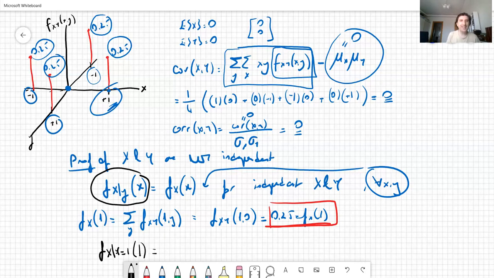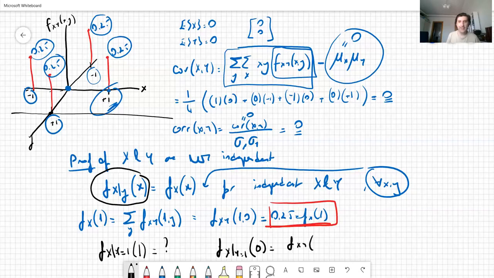Note that when y is equal to 1, there is no way x is going to take the value of 1, because when y is equal to 1, the only non-zero value is x equal to 0. So the conditional probability that x is equal to 0 is going to be equal to the probability that x is equal to 0 and y is equal to 1, divided by the probability that y is equal to 1.